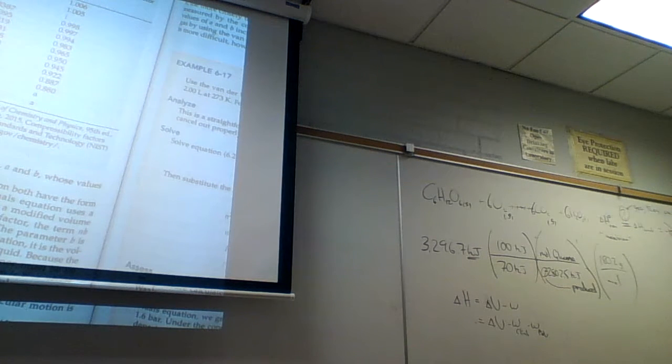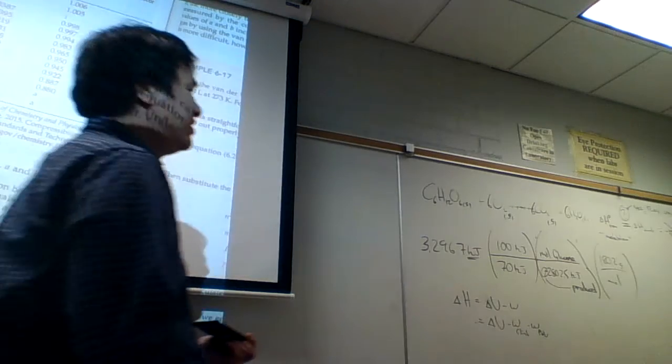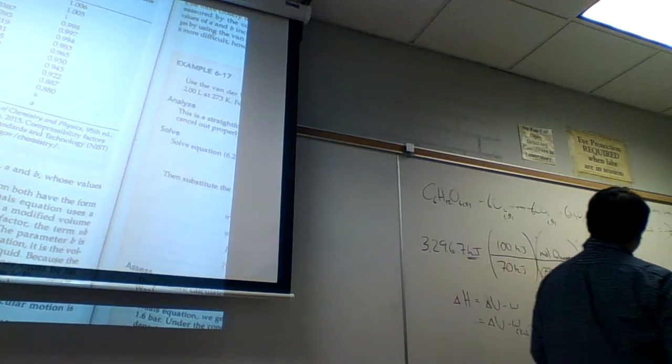Actually, 6 times 12.01 plus 12 times 1.01 plus 6 oxygens. 6 times 16 is 96. That gives 180.18.